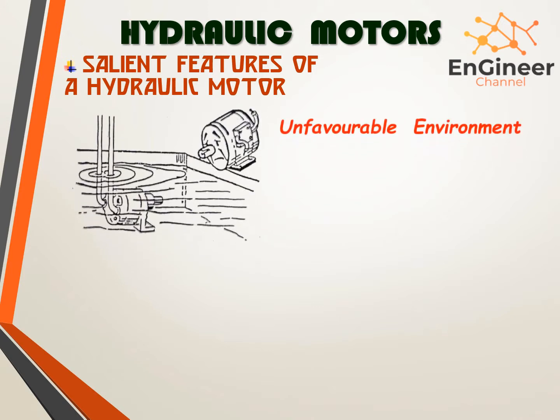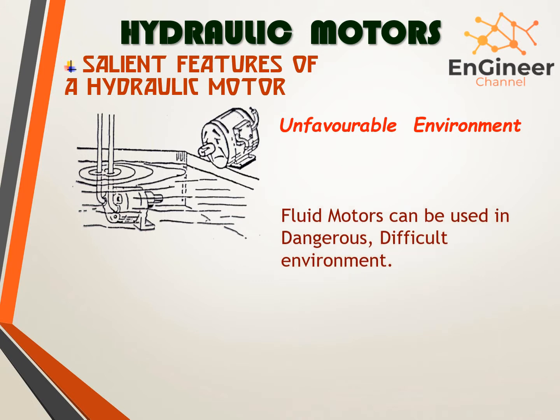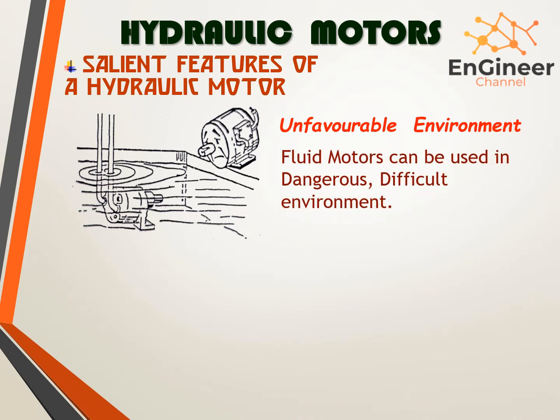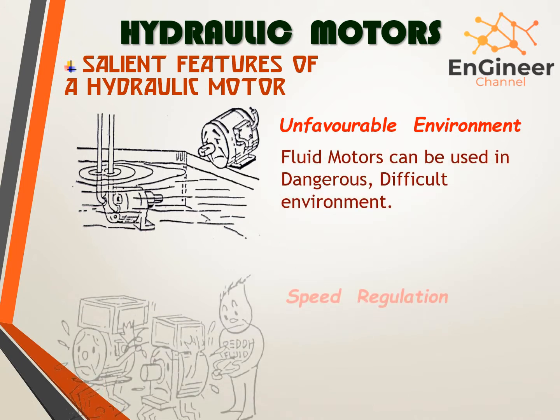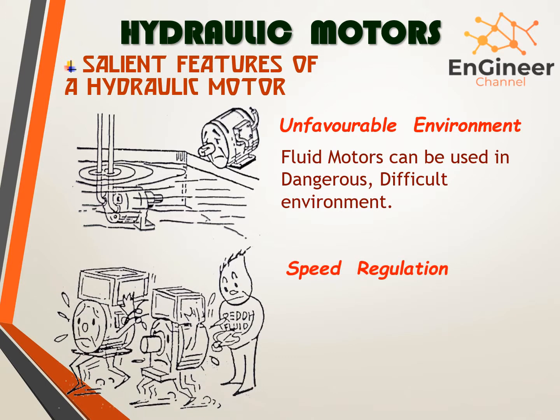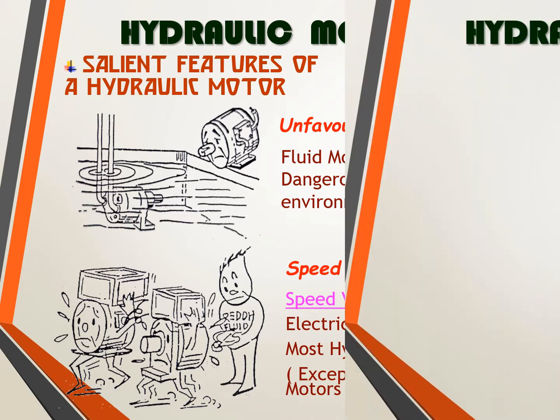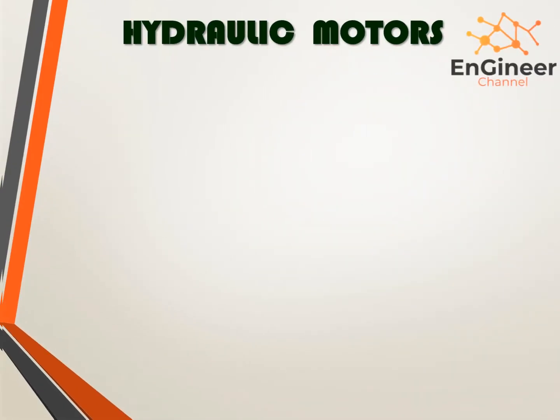When we talk about unfavorable environment, fluid motors can be used in dangerous and difficult environments. And when we talk about speed regulation, we observe that electric motors have 300%, but hydraulic motors have 10 to 15%.